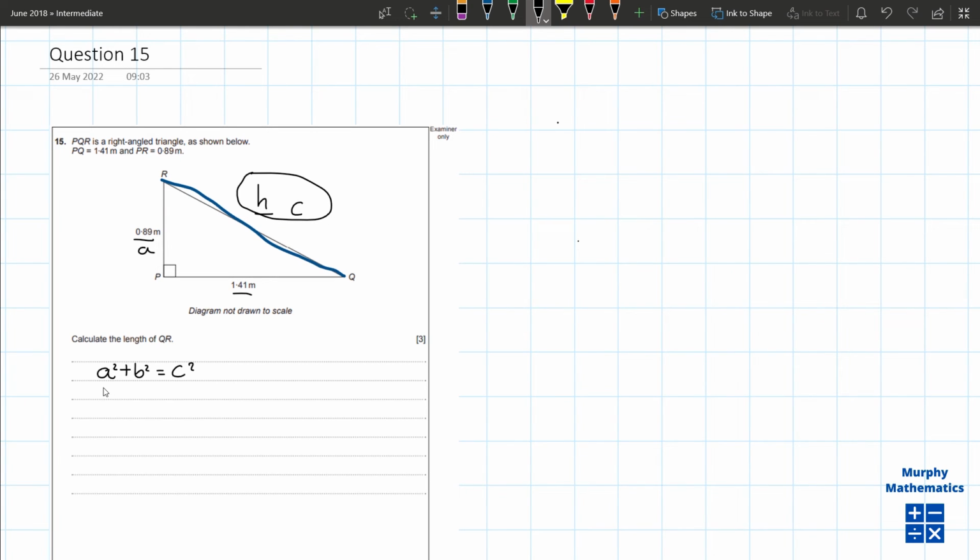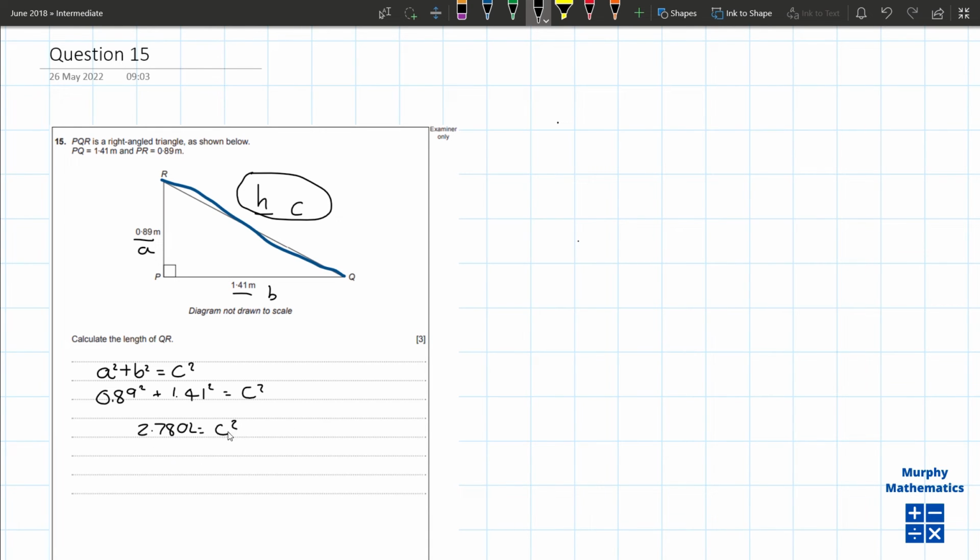So that is a, that is b, so 0.89 squared plus 1.41 squared equals c squared. So putting that into a calculator, we have 2.7802 equals c squared.